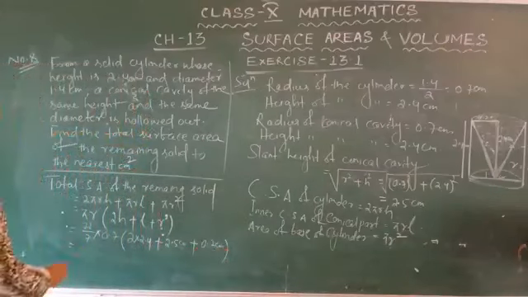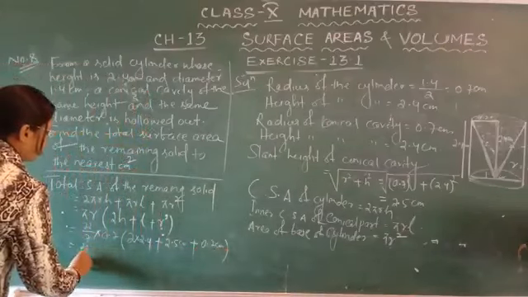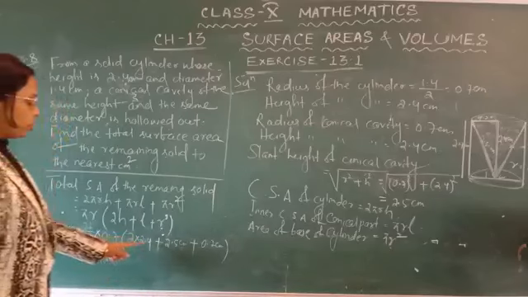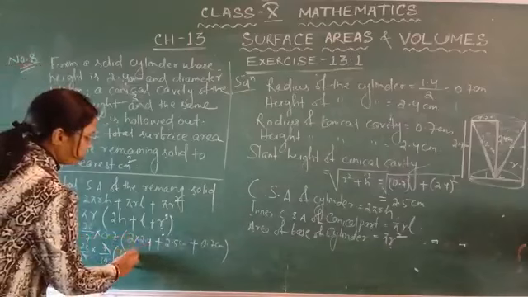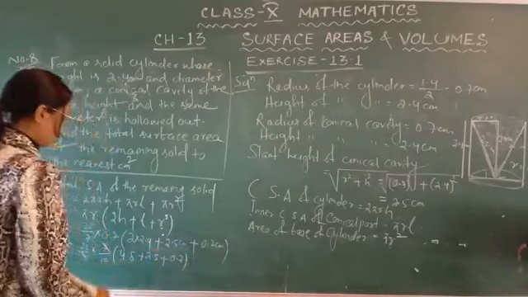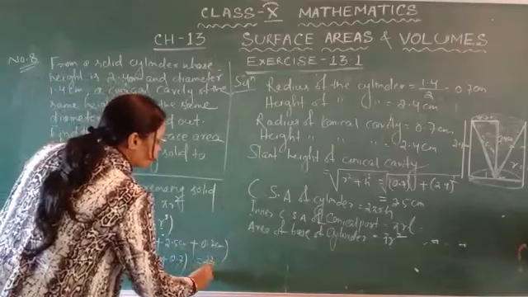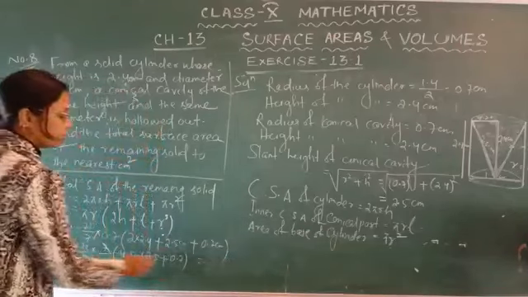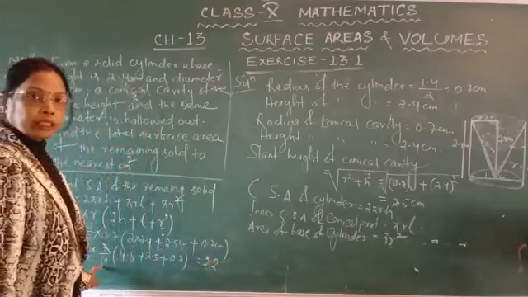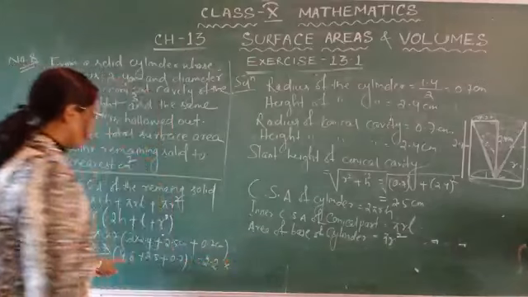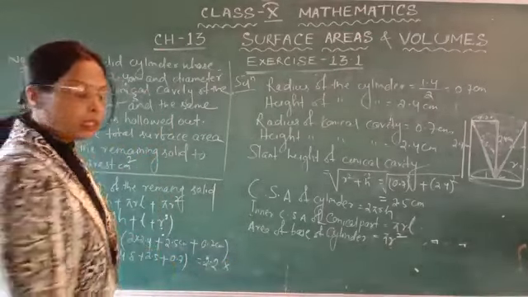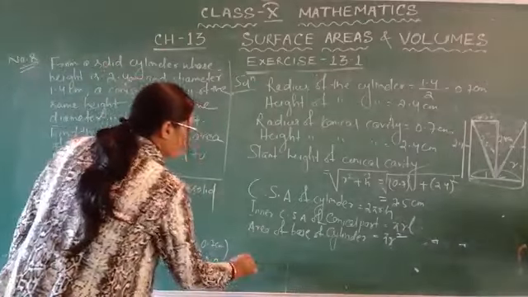So here you see, 22 upon 7, there is 7 upon 10, 7 cancel, 2 into 2.4, that is 4.8 plus 2.5 plus 0.7, that is equal to 22 upon 10, here we can make it 2.2, that is equal to 2.2 into 4.8 plus 2.5 plus 0.7, that is equal to 8.